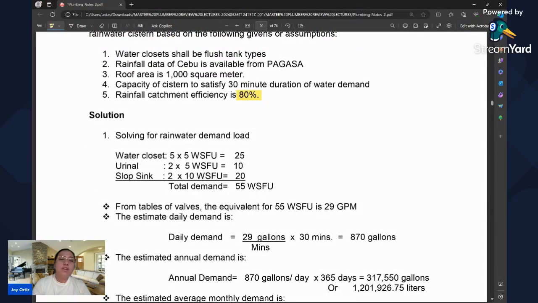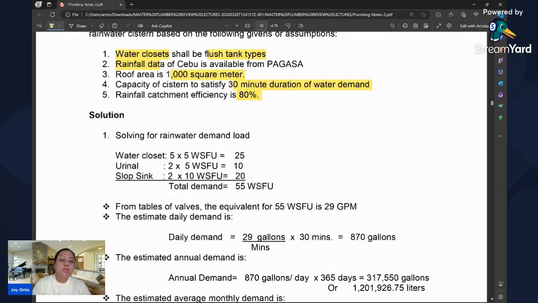So we have here water closets in flush tank types, rainwater data of Cebu, roof area of 1,000 square meters, and a cistern capacity that satisfies 30 minutes duration of water demand.